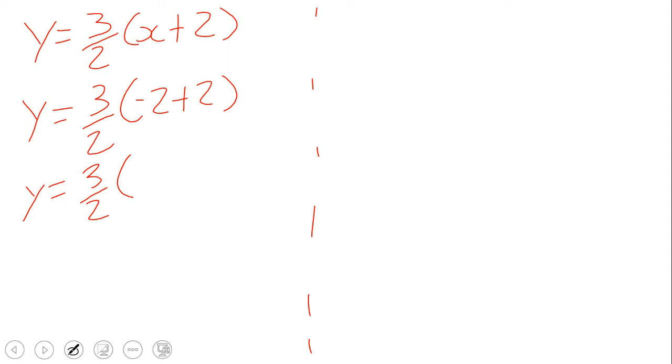Very good. So it's 0. And then y is equal to 3 over 2 times 0 is going to be what? 0. So that's how we got to 0 there, okay?